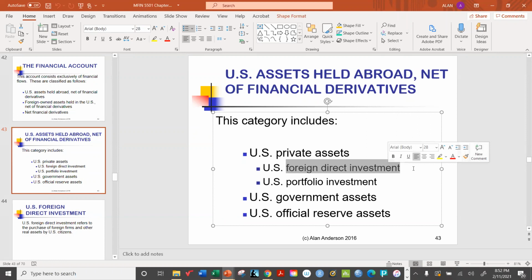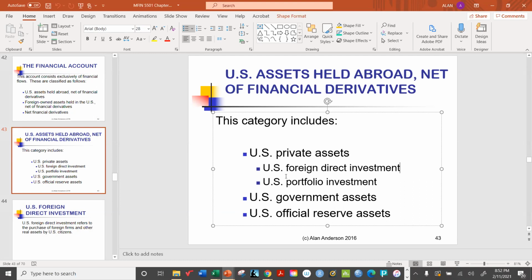A Starbucks store is an asset, but it's a physical asset, not a financial asset. Or if Starbucks buys out a coffee shop in Paris, or if we build a factory to produce our products there, that's foreign direct investment.